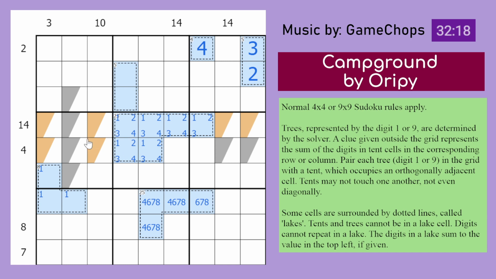Right, and can I therefore say, because there's 1 tent here and 1 tent here, there is also 1 tent here and 1 tent here? Yes, because you have either this or this. You can't have them touching each other like that, and you can't have both of them be tents in the same row. So it has to be either that or that, which means one of those is a tent, which might affect the 3.